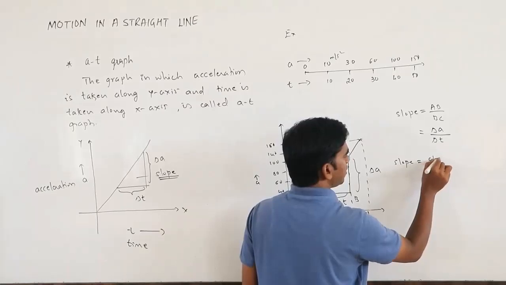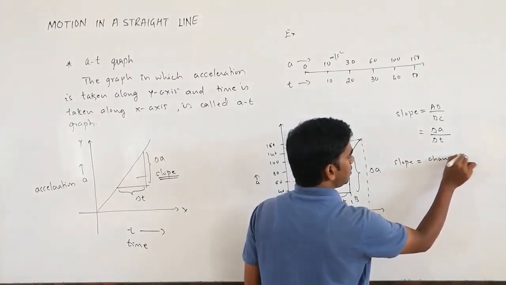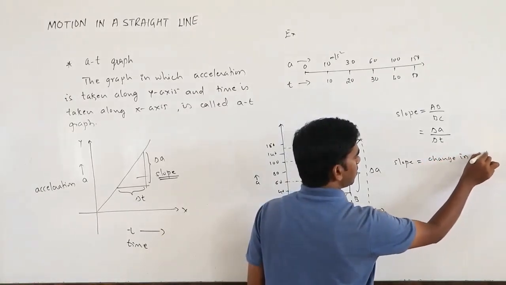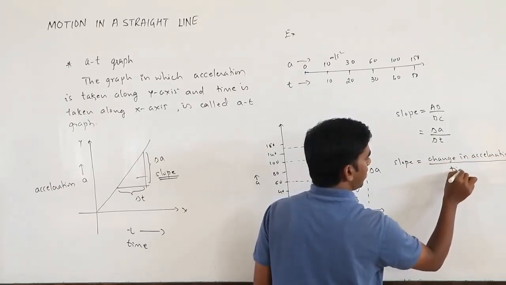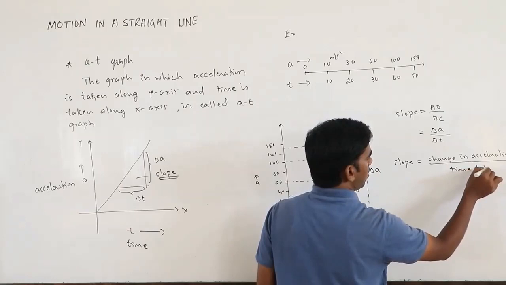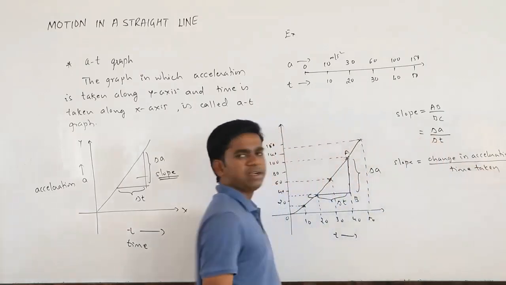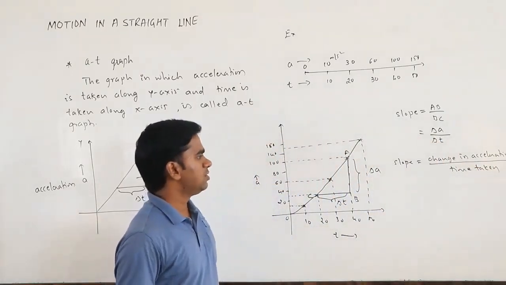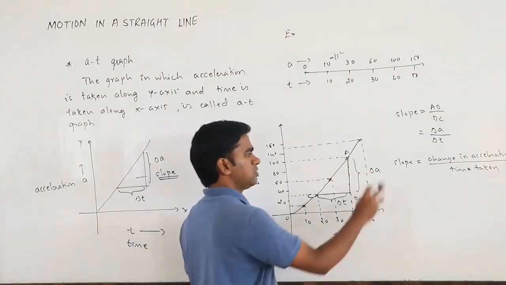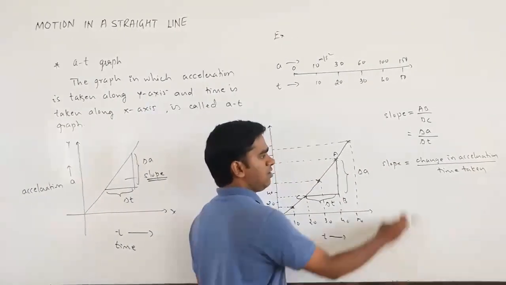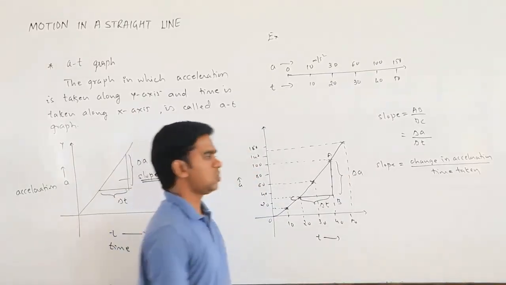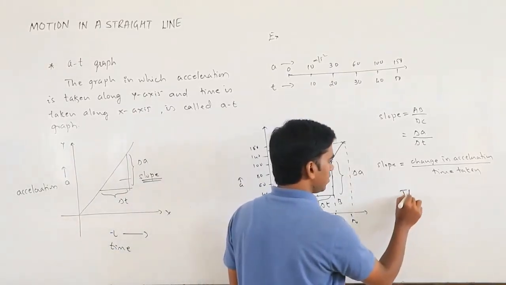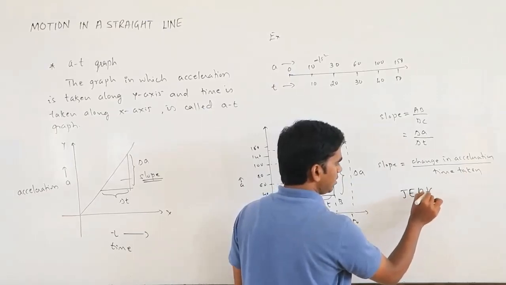That means slope is change in acceleration divided by time taken, or you can say change in time. So this particular slope, the change in acceleration divided by change in time, is called jerk.